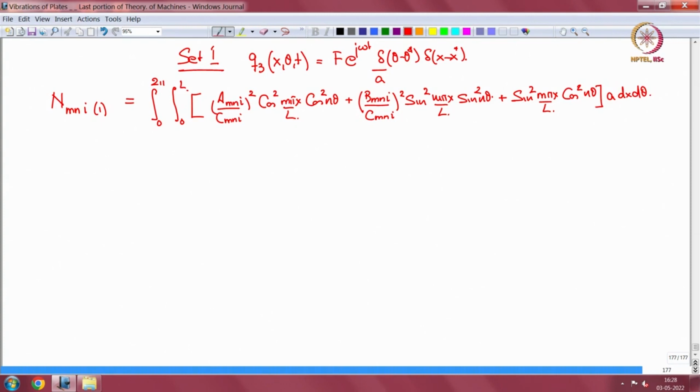If you now carry this out, when n is not equal to 0, N_mnI first set will turn out to be (a_mnI by c_mnI) whole squared plus (b_mnI by c_mnI) whole squared plus 1, into L a pi by 2.